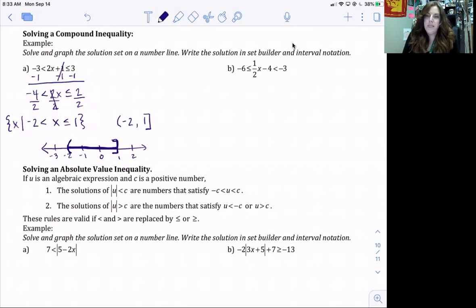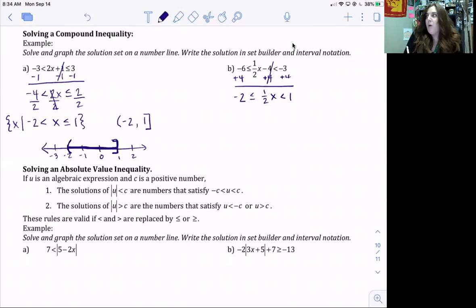All right, looking at B, we have -6 is less than or equal to 1/2 x minus 4 is less than -3. So I'm going to ignore the fraction for right now, and we're just going to add 4. Okay, so -6 plus 4 is -2, which is less than or equal to 1/2 x, which is less than -3 plus 4 is 1.